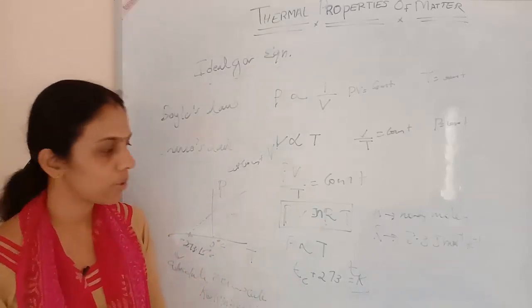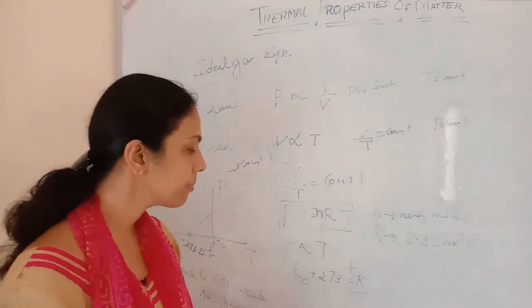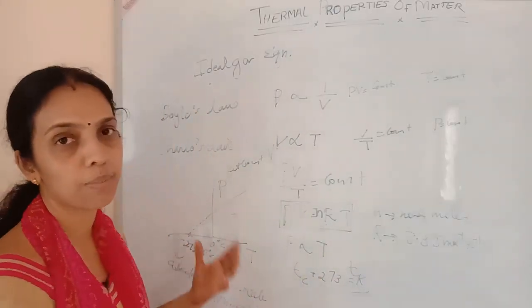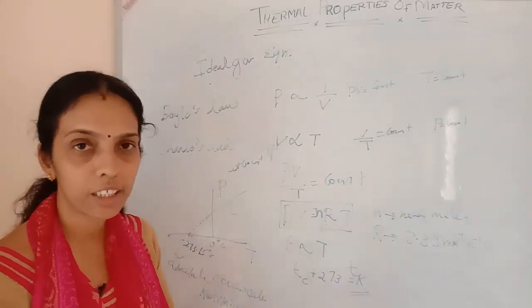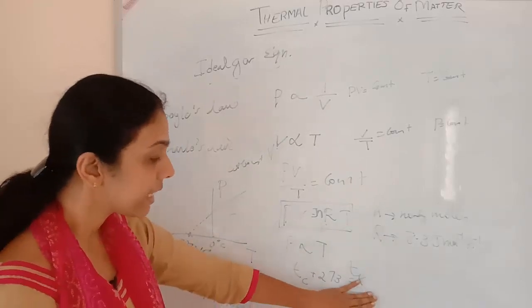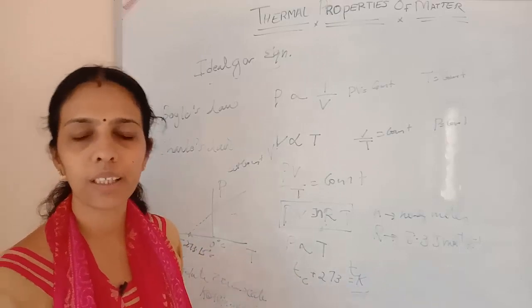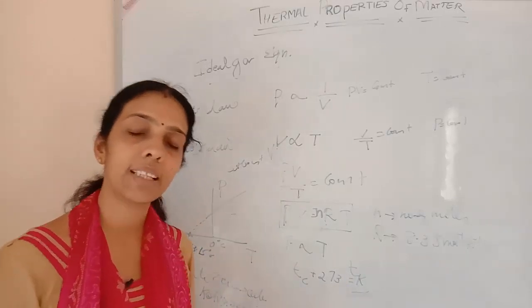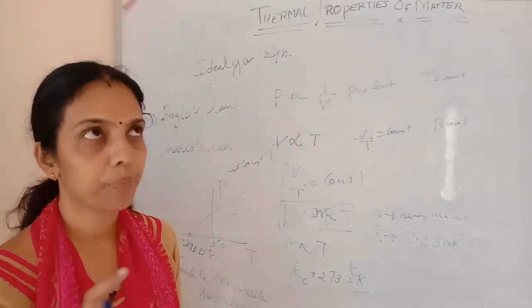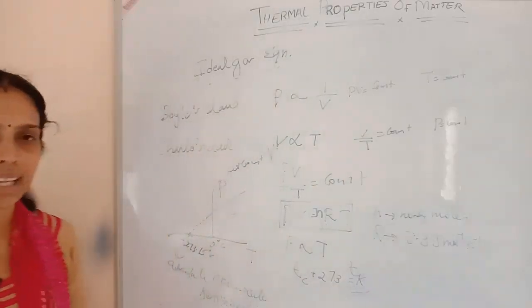Understood? So this is absolute zero. Absolute zero value is minus 273.15 degrees Celsius.